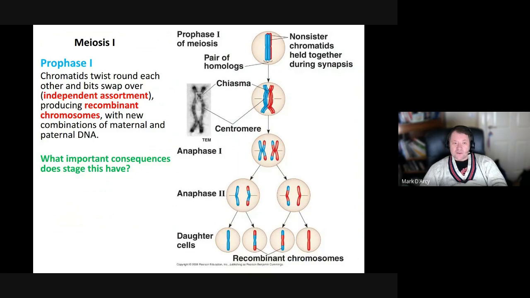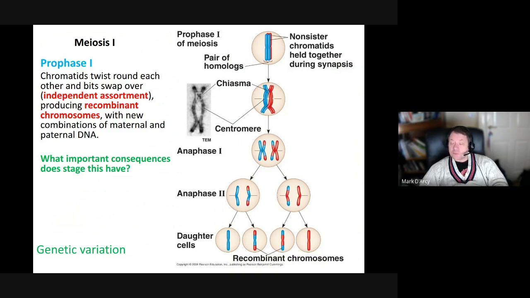So to summarize what's happening, the chromatids twist around each other and bits swap over, producing recombinant chromosomes with new combinations of maternal and paternal DNA. This is important for genetic variation. So as we go through the rest of meiosis, one cell will divide to become 2 and divide again to become 4. 4 haploid cells, so 4 eggs in a female, 4 sperm in a male.